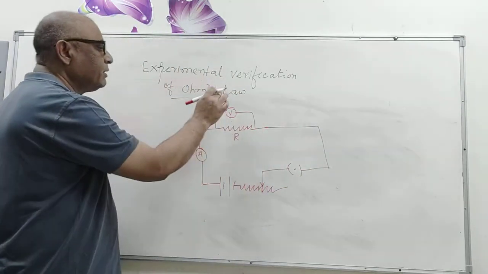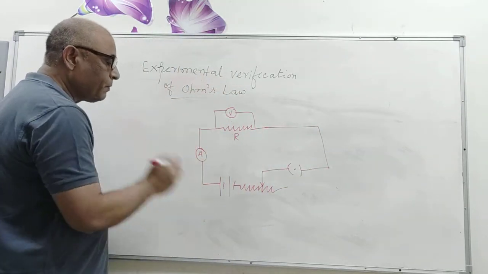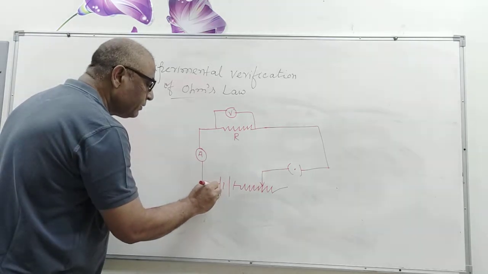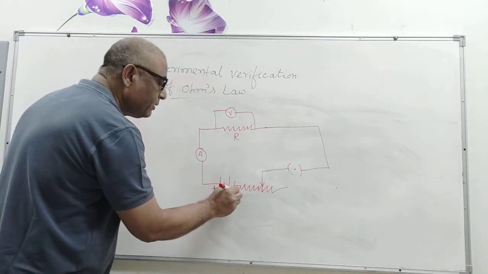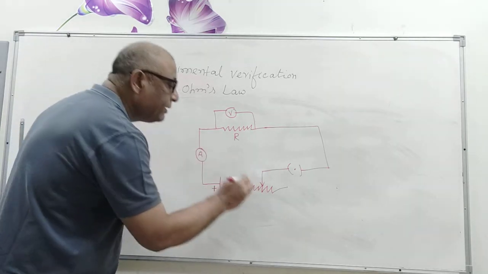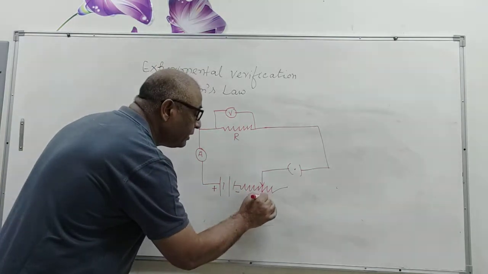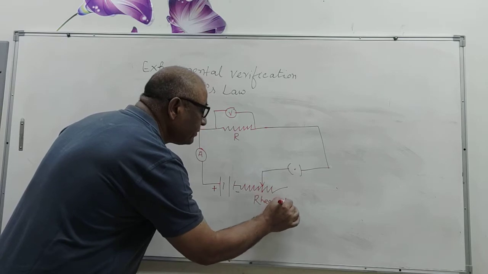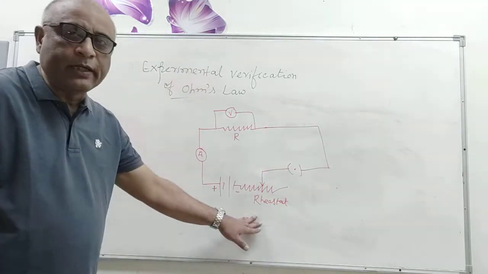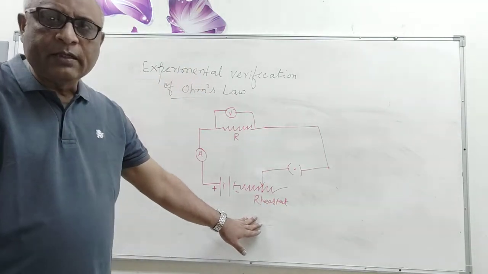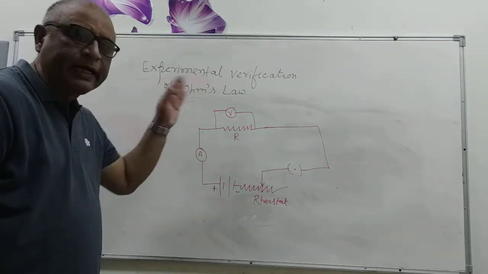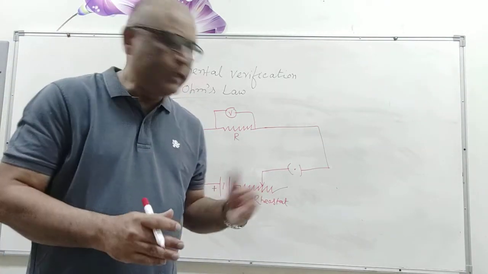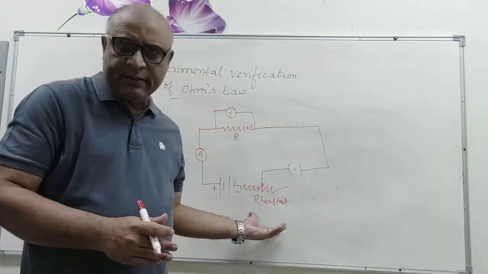So the resistance, the voltmeter and ammeter, and here plus, minus, and this is known as a rheostat. Rheostat is a device to change current in the circuit. It is just like a variable resistance.